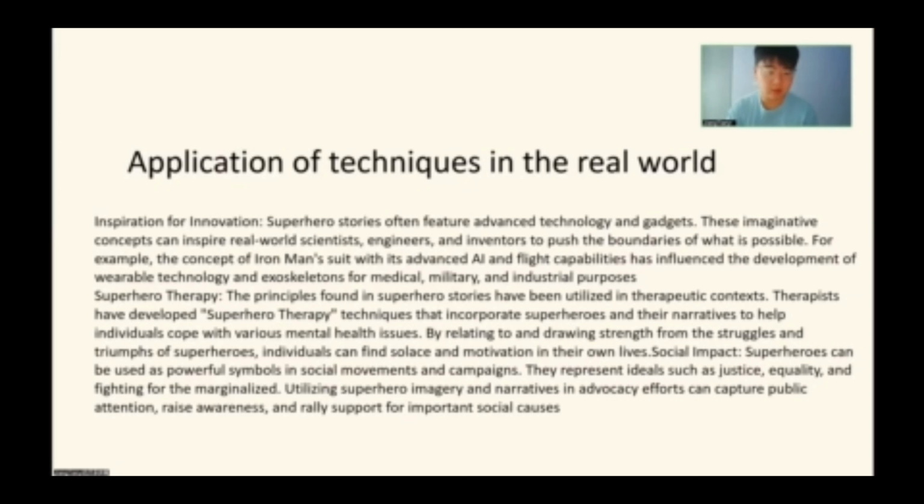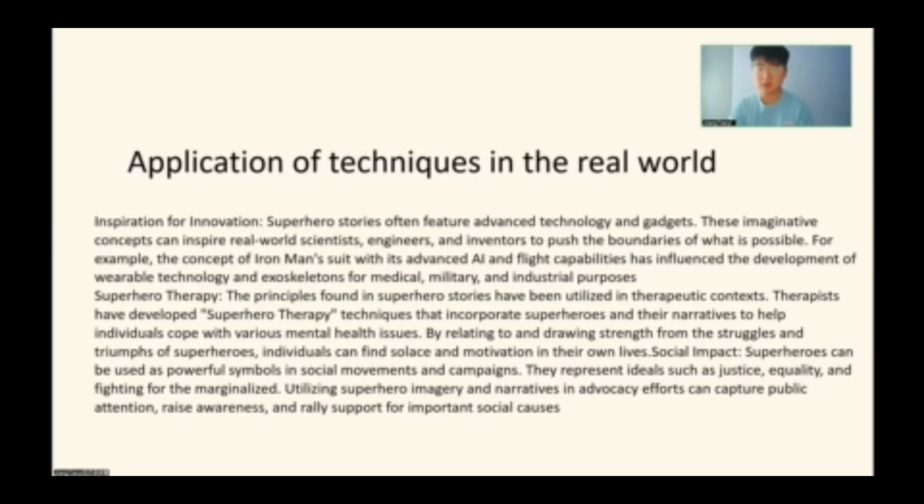Therapists have developed superhero therapy techniques that incorporate superheroes and their narratives to help individuals cope with various mental health issues by relating to and drawing strength from the struggles and triumphs of superheroes. Individuals can find solace and motivation in their own lives.